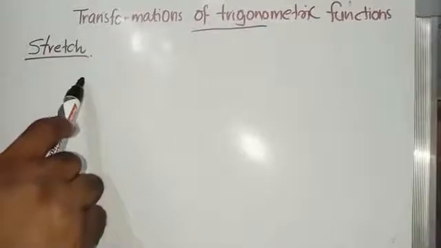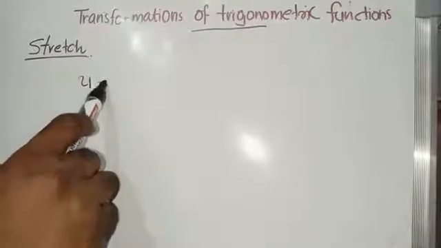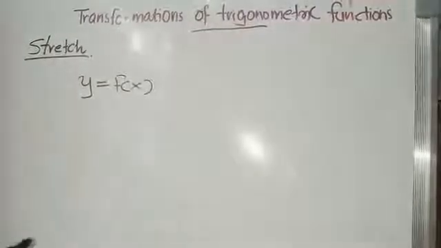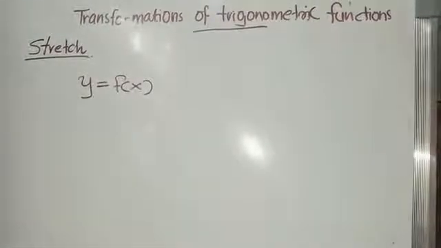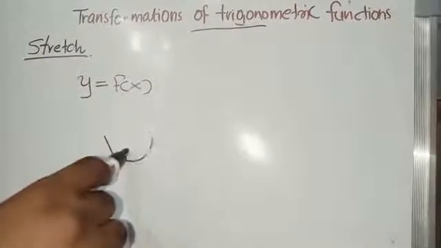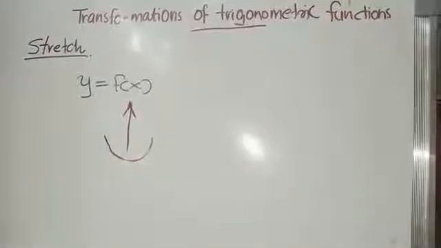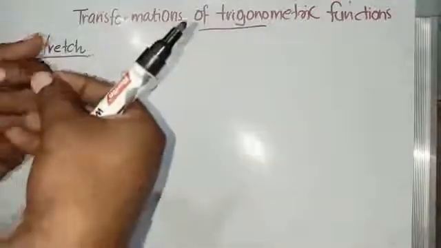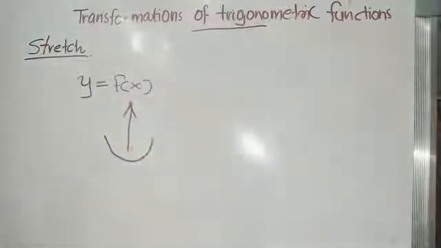In our normal function y equal f of x, normally two types of stretches are possible. What are the two types of stretch? One is vertical stretch, and the other one is stretch horizontally.